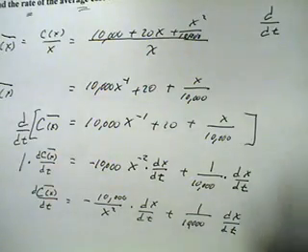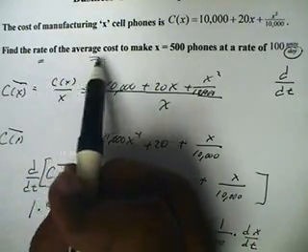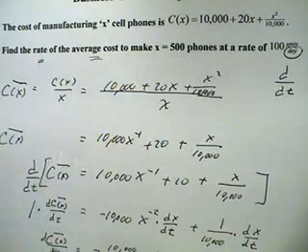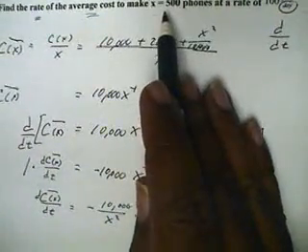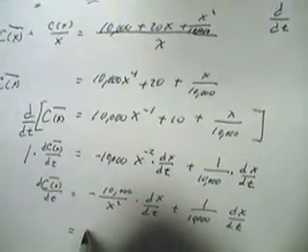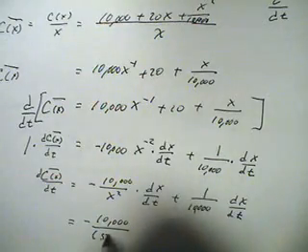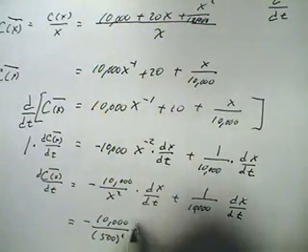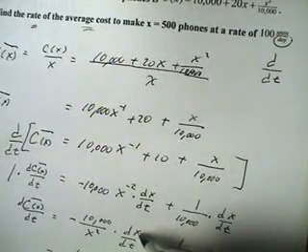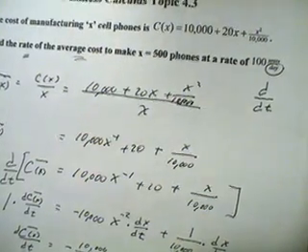Alright, now we're after the rate of the average cost, which will be this function right here, as we make 500 cell phones. So the x will be 500, so 500 squared. Now dx per dt, since x stands for the cell phones, is a change of cell phones per time.